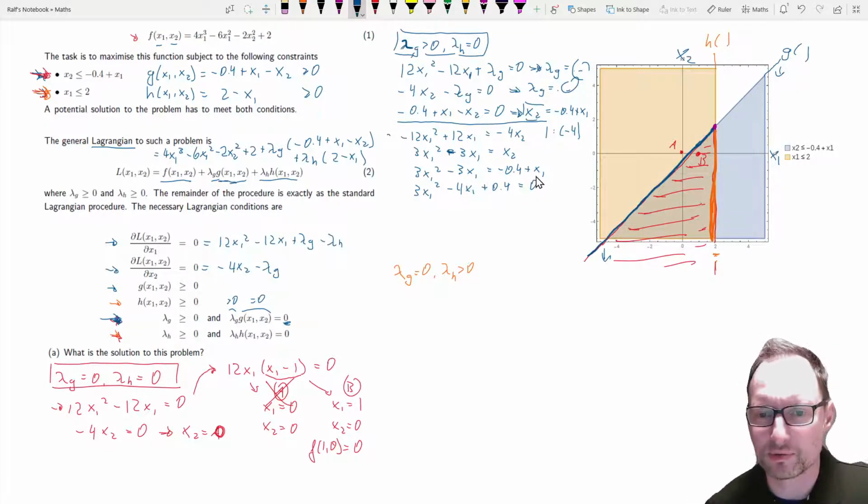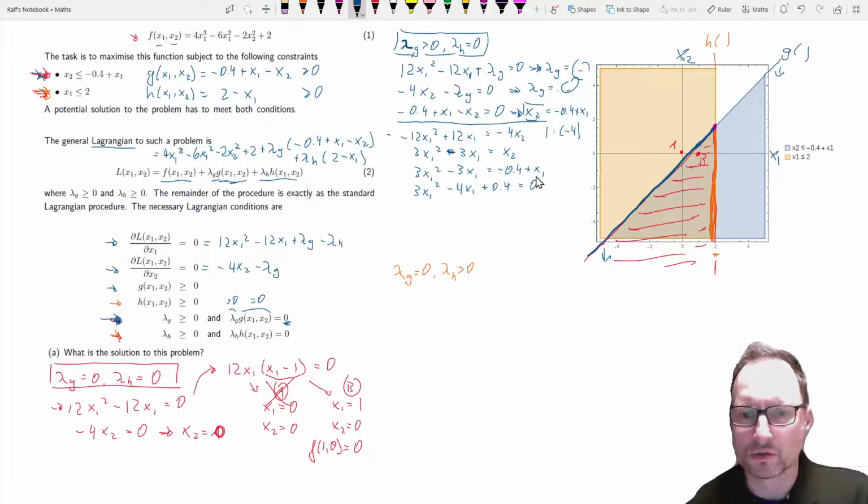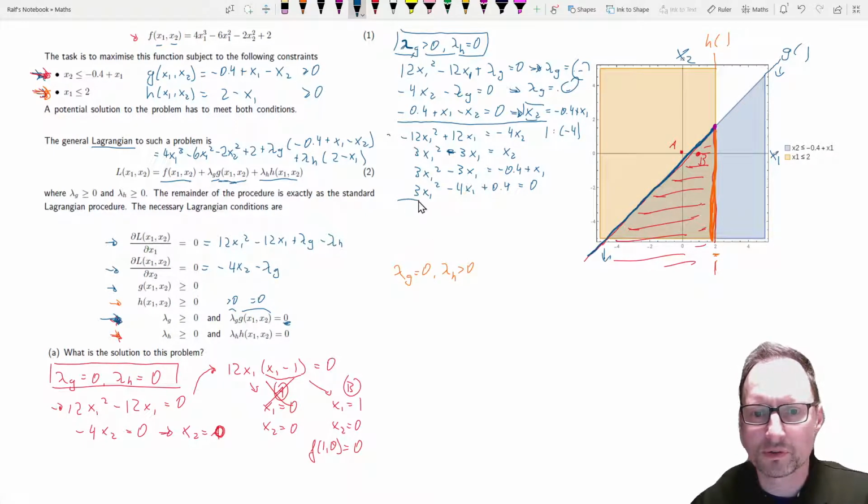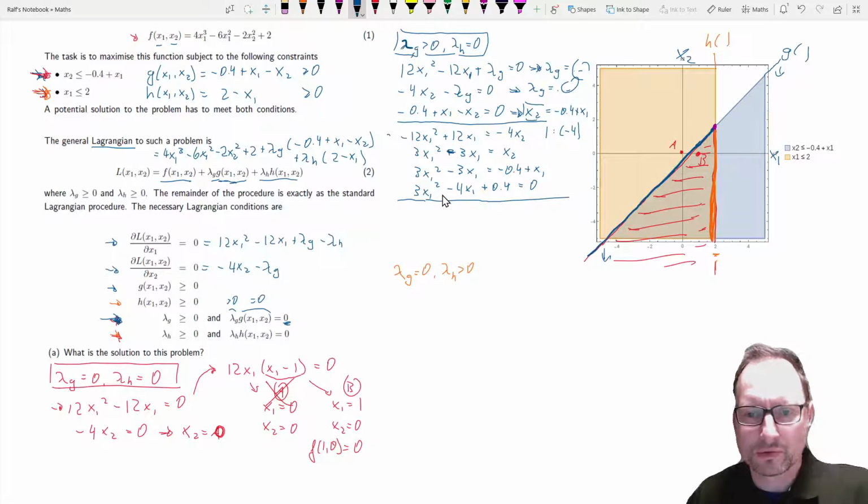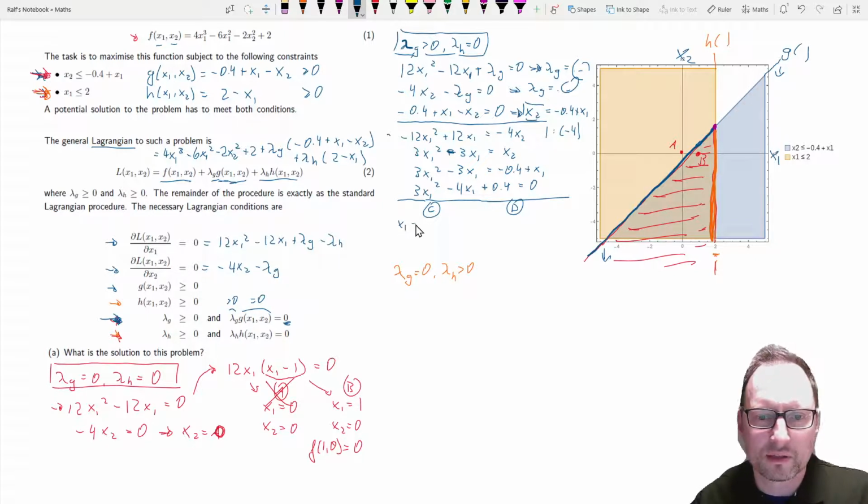So this is just a quadratic equation which you can solve with your favorite quadratic formula. Now let me just draw a line under this. So I'll leave you to do that. We get the quadratic equation, we get two potential values, and let me just tell you what these values are. I call these points two potential candidates, C and D, with two different x1 values.